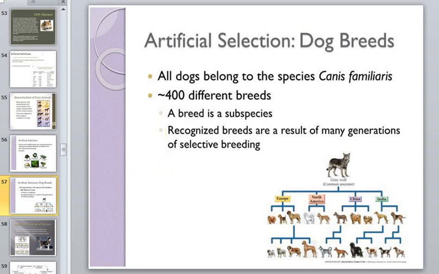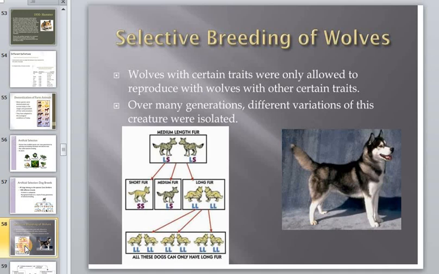Just look at these breeds of dogs. This work has been done all over the world, not only in Europe and North America, but in China, India, and we will talk about dogs a lot today.